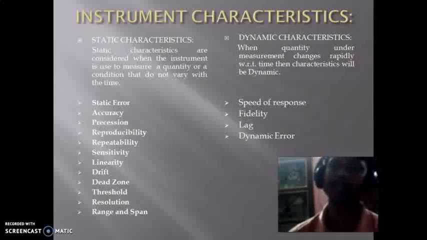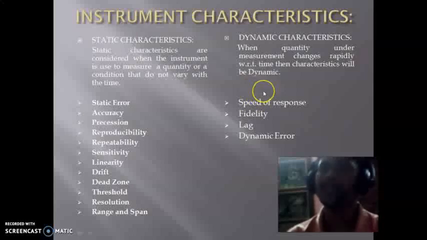The static characteristics are static error, accuracy, precision, reproducibility, repeatability, sensitivity, linearity, drift, dead zone, threshold, resolution, range and span. In the next slides I will discuss all these characteristics. The next one is the dynamic characteristics.